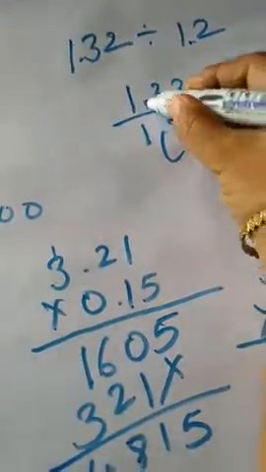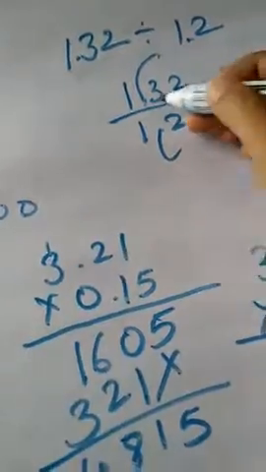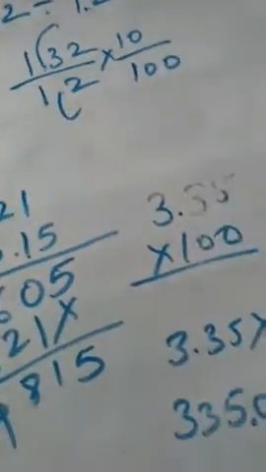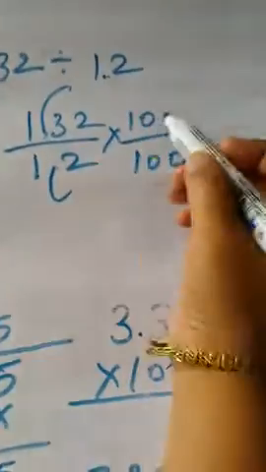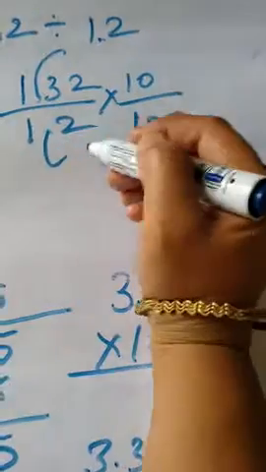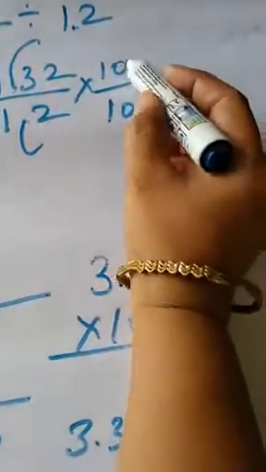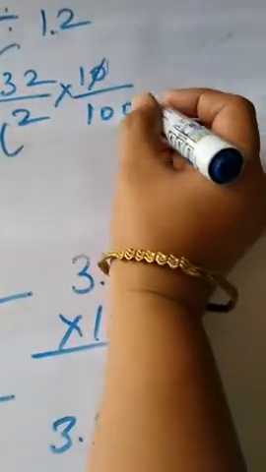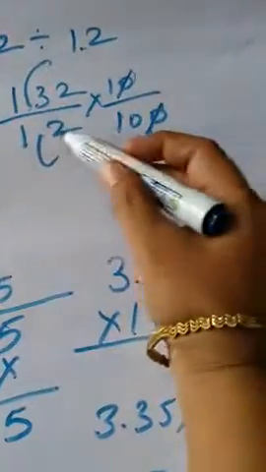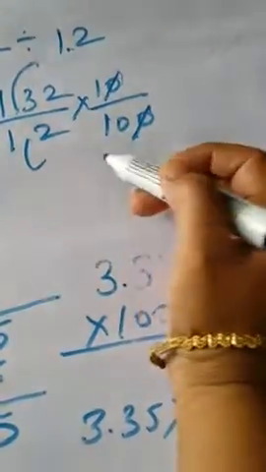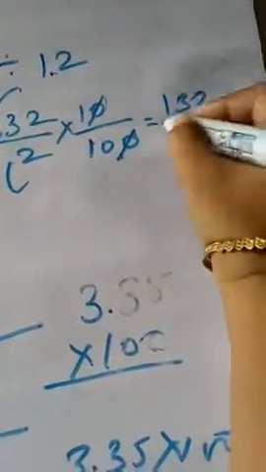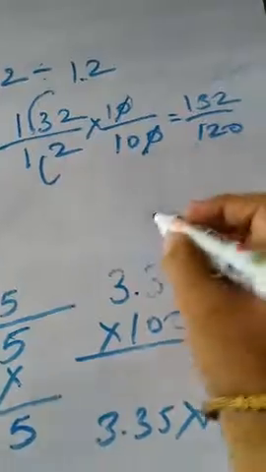If we remove the decimal from the numerator, then there are 2 digits after the decimal, so we put zeros in the denominator. So now it is 132 multiplied by 10 over 12 multiplied by 100. Now we can cancel zeros. An equal number of zeros we can cut, and now it is 132 and 120. Now we have to perform the division.